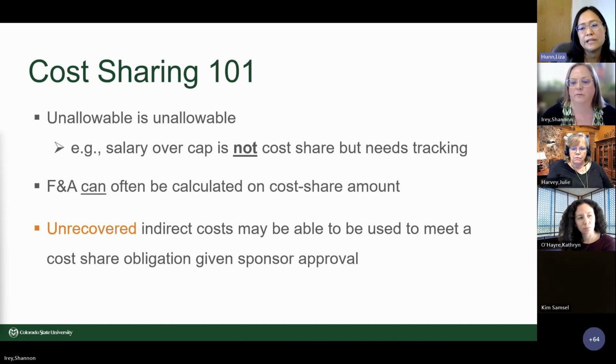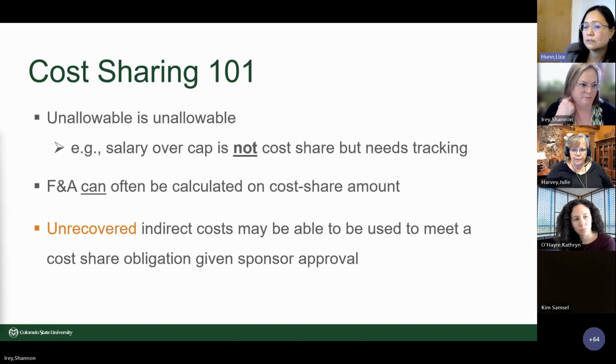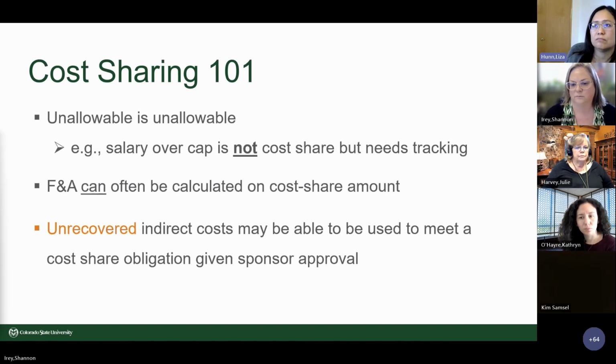F&A can be calculated on the cost share amount, as long as it's allowable. Unrecovered indirect costs, yes, we use this often. Let's say a sponsor has a reduced maximum F&A rate that you can use on the sponsor side of your costs, and let's say it's 10%.